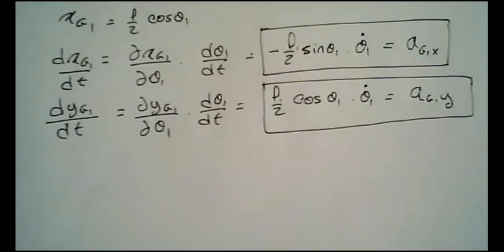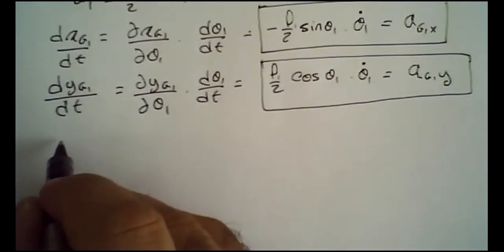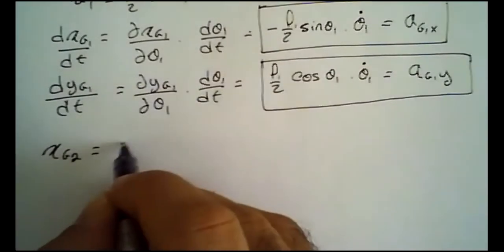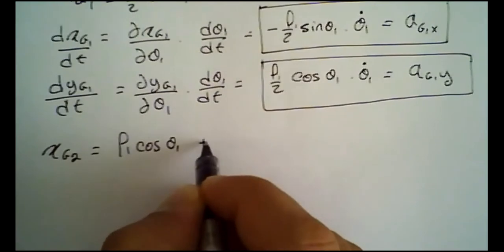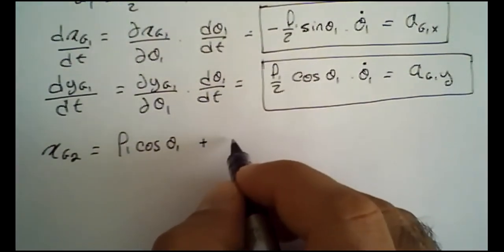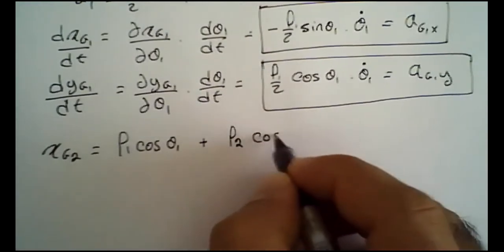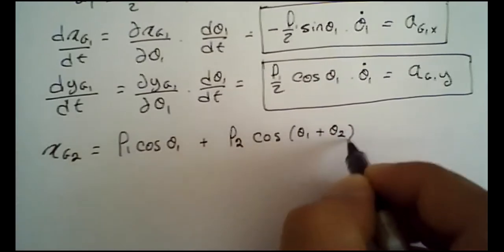Now let's look into AG2. A very quick recap, so we have it all on one page. xG2 is equal to L1 cosine theta 1 plus L2 cosine of theta 1 plus theta 2. By the way, if you are using DH frames, you know how to get the position of any frame, and you could also put a frame at the center of gravity and find its coordinates that way.